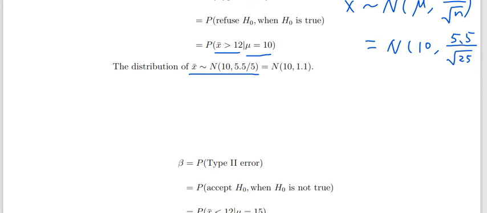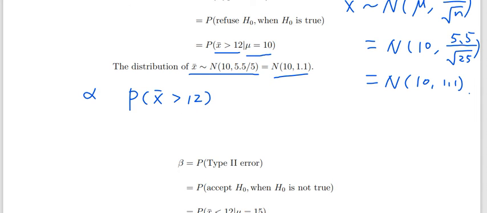So we find x bar follows a normal with mean 10 and standard deviation 1.1. Knowing the distribution of x bar, we can find the probability that x bar is larger than 12.